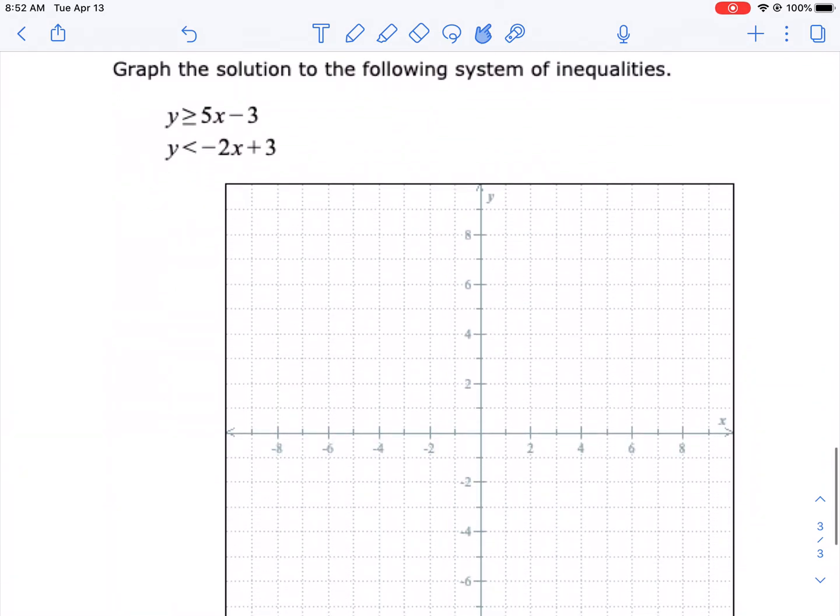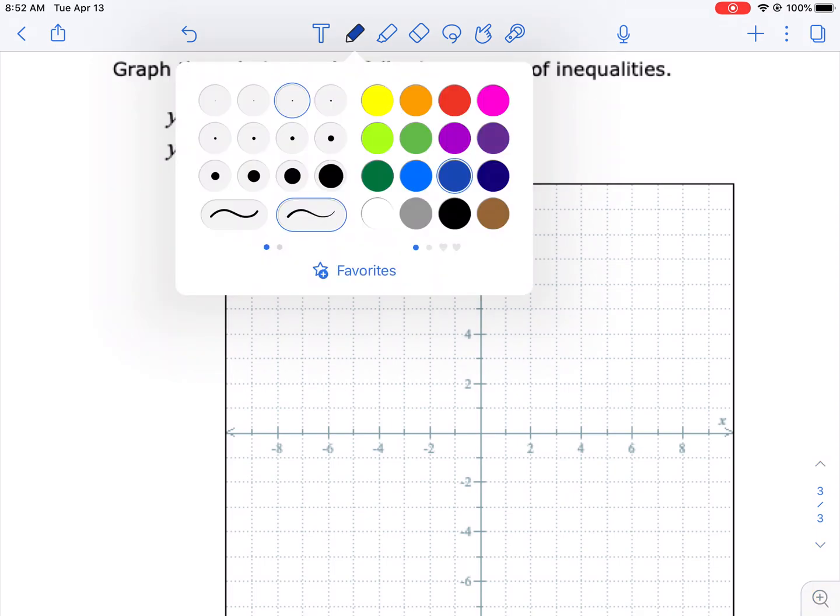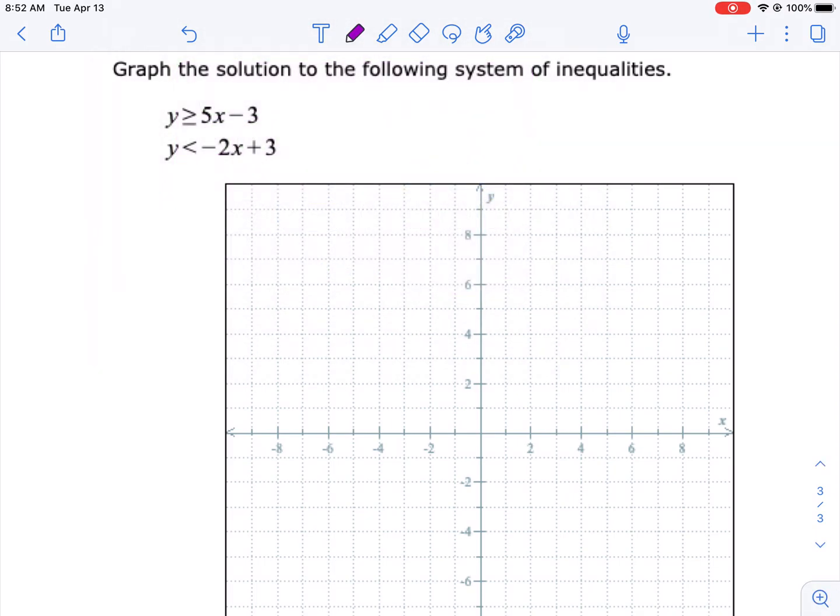Okay, let's take a look at this system you're supposed to graph here. We have y is greater than or equal to 5x minus 3. So first off, your y-intercept is at negative 3. So let's put my y-intercept at negative 3. My slope is 5, so I'm going to go up 5 and over 1.